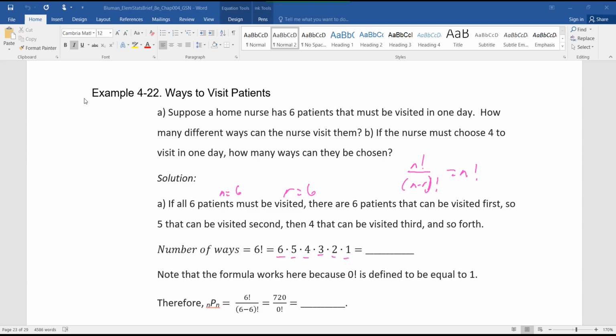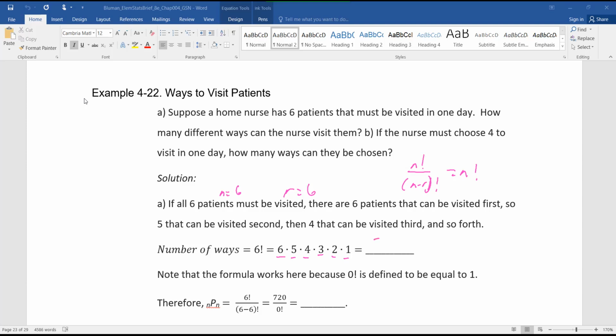6 times 5 is 30, right? 30 times 4 is 120. 120 times 3 is 360.